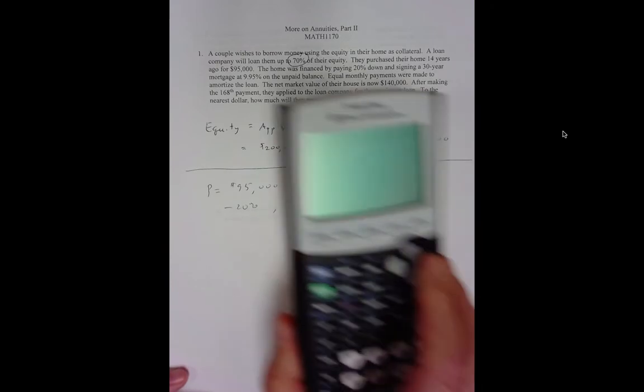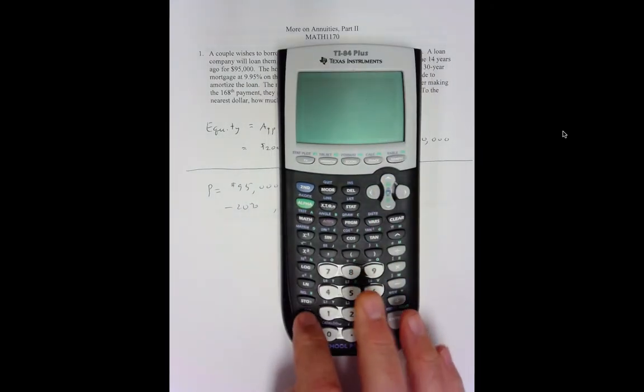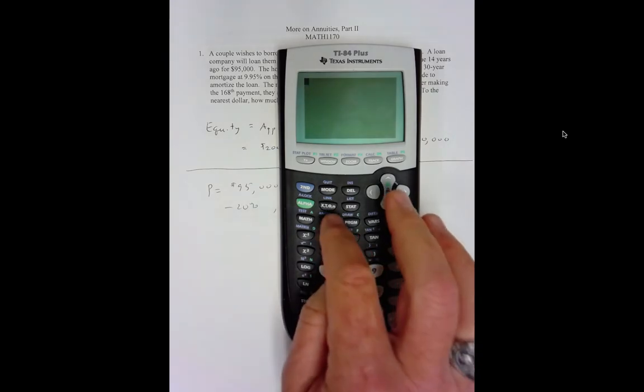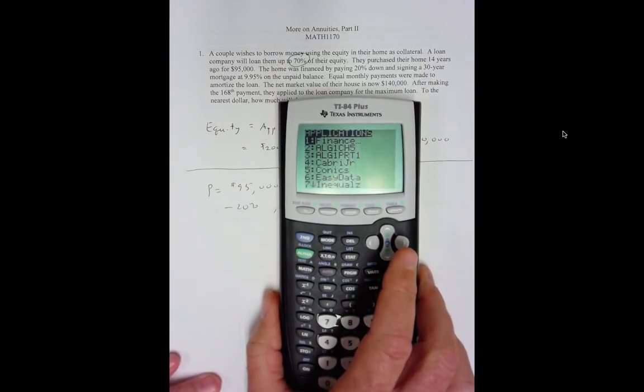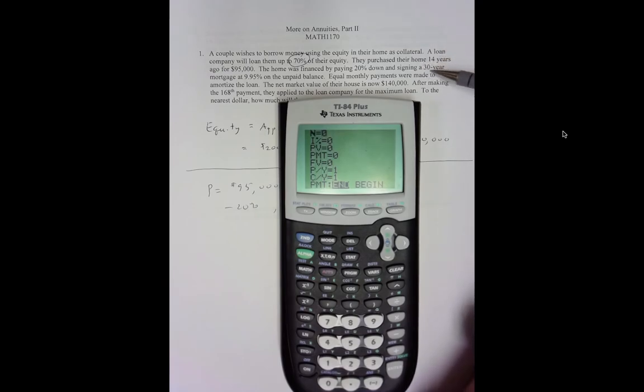So first thing we need to do to be able to get this information solved by our calculator is get the information in TVM Solver. So let's do that. So N is, and again, we're dealing with the initial.